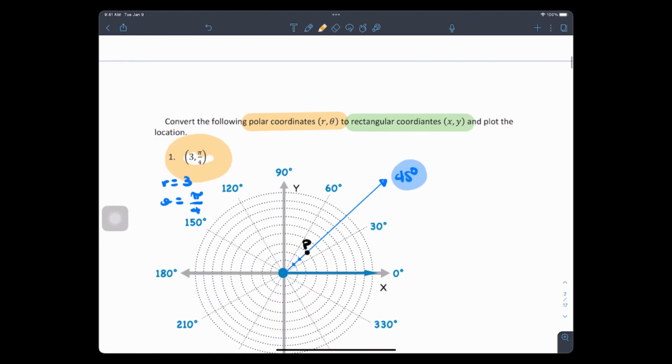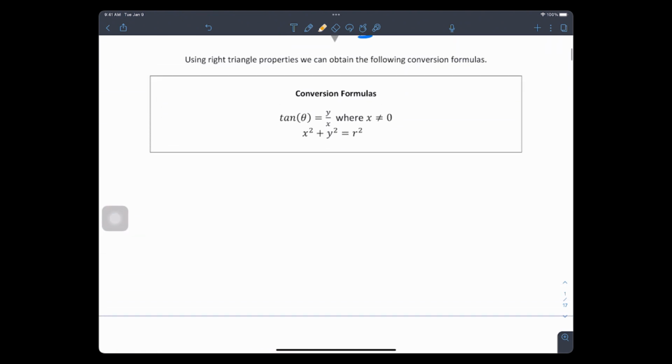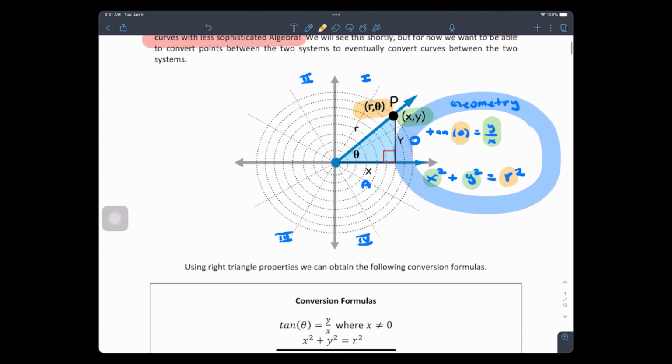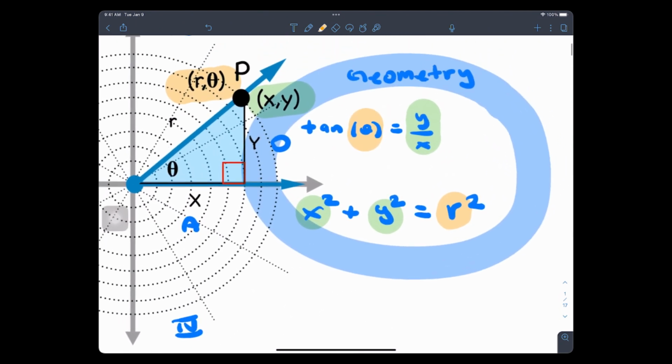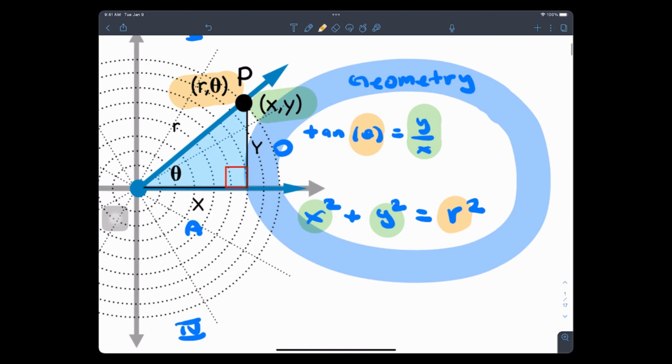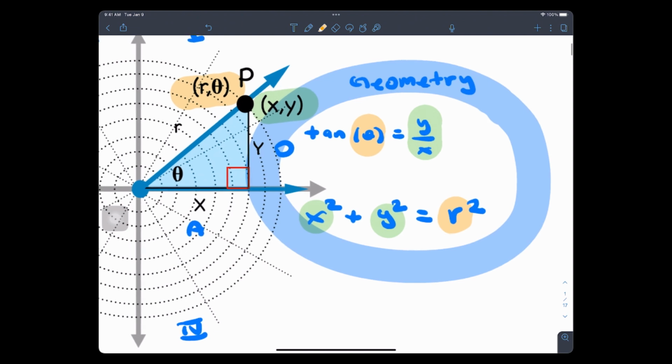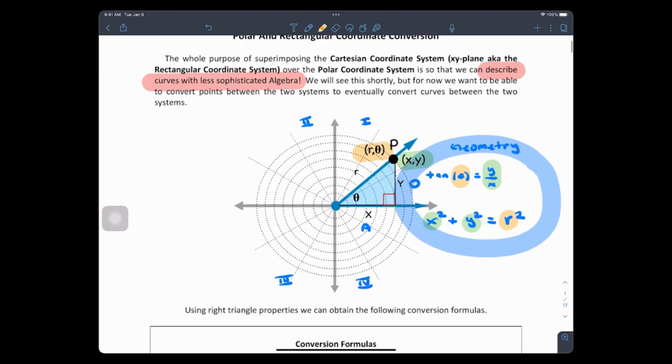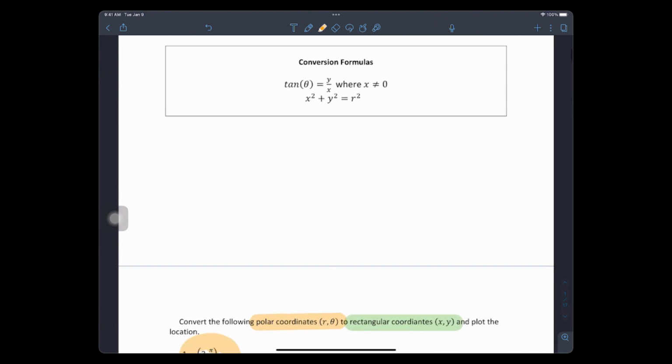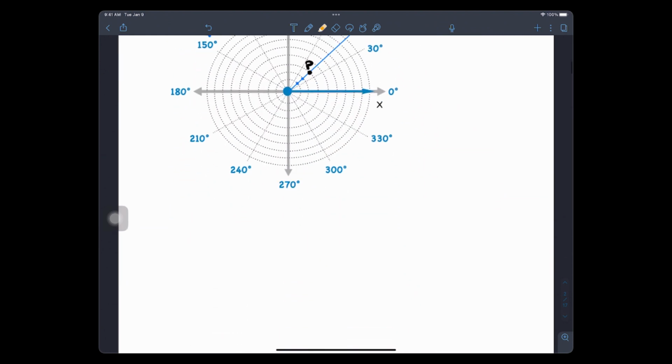And in order to do that, we have to use these what? The conversion formulas I just described to you guys. So we have to use these here. Tangent theta is y over x. So let's write them down.